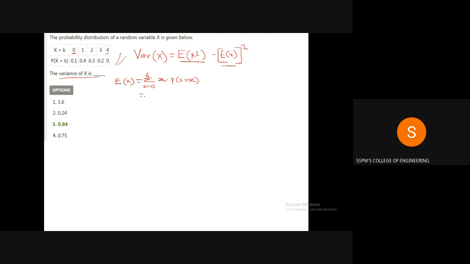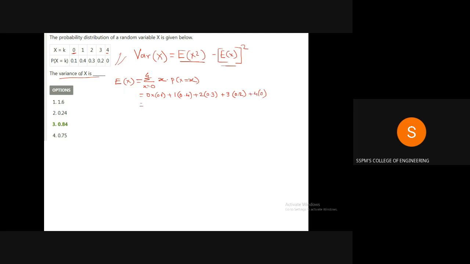So we will first calculate E of x. It is very easy to calculate. It is 0 into 0.1 plus 1 into 0.4 plus 2 into 0.3 plus 3 into 0.2 plus 4 into 0.